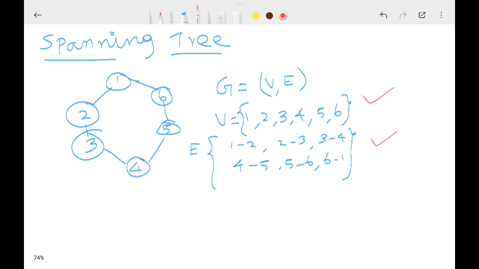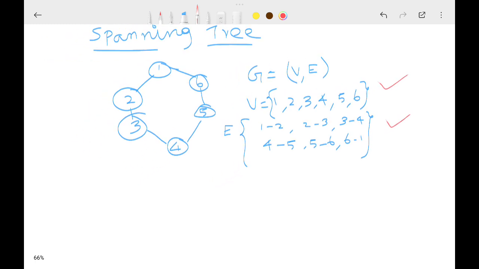Since this spanning tree should be created from the given graph, the number of vertices in the spanning tree should be 6.